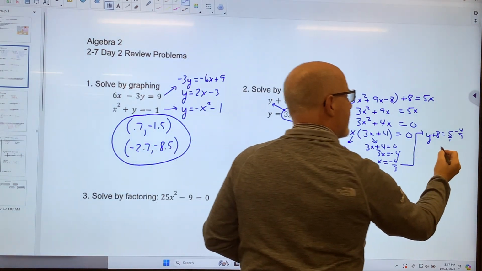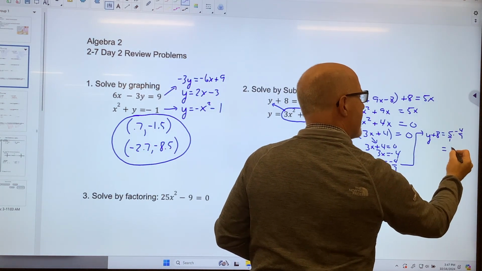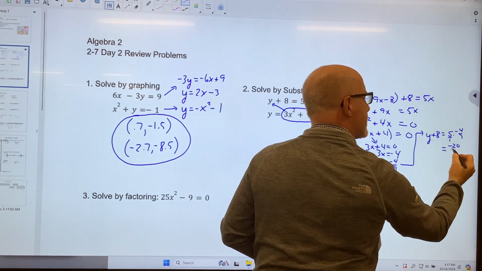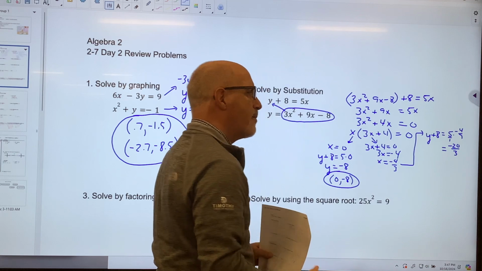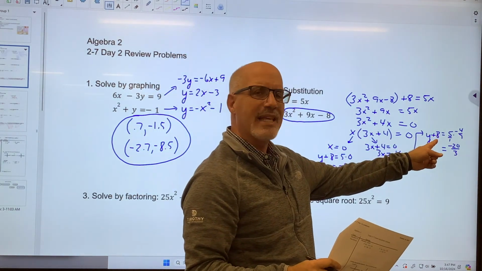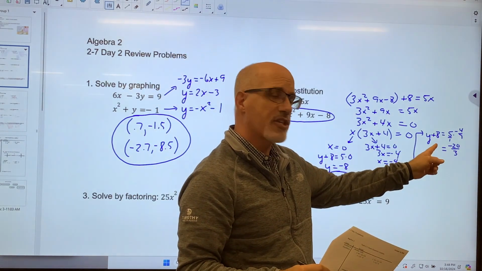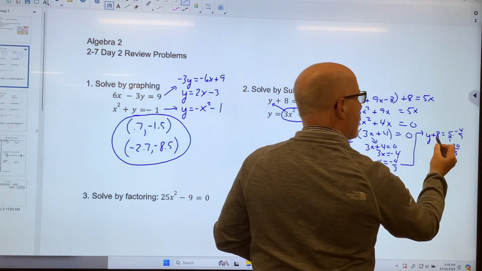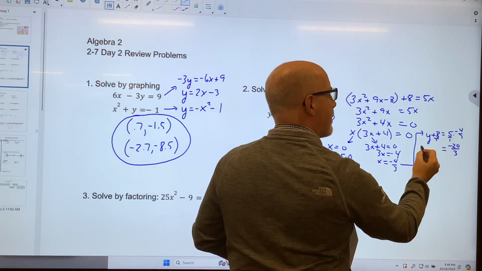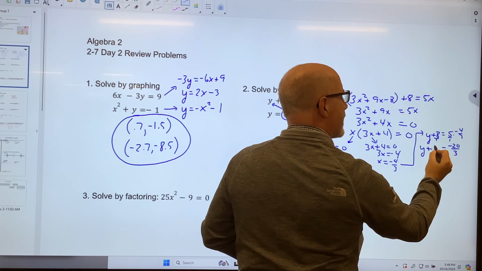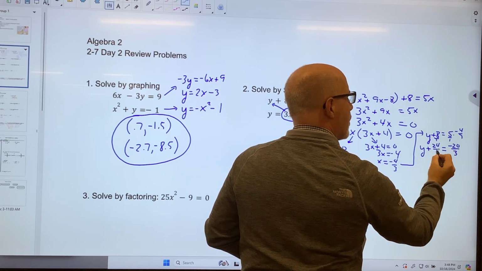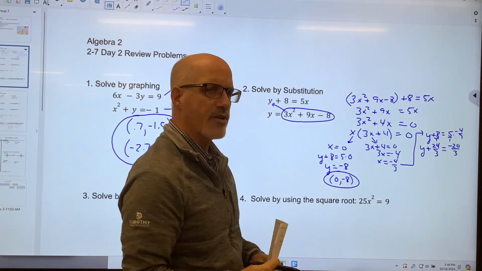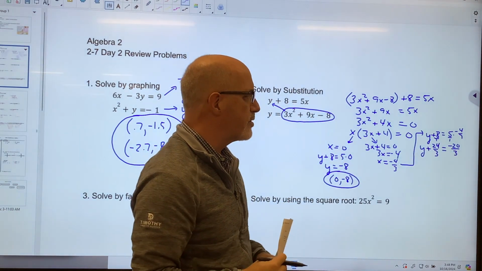And so what you're going to have on this side is negative 20 because you multiply the 5 times the negative 4, and then the 1 times 3, and you get a 3. And then on this side, I'm going to make that 8 into a fraction that has the same denominator. So think of this as 8/1, and if you multiply it by 3/3, you're going to get plus 24/3. So common denominator for this one is the thirds, so you get 24/3 when you do that.